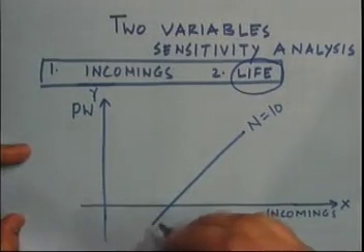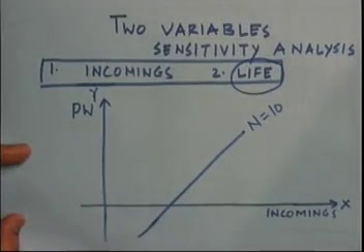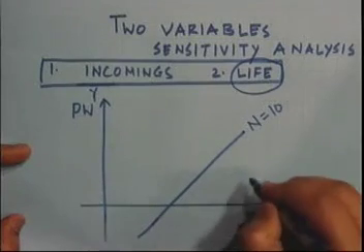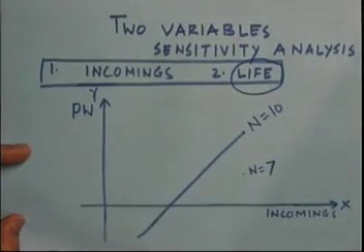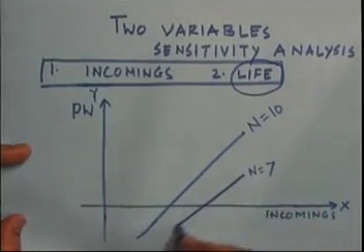I may get a line like this. Now, I again change the value of n from maybe n is equal to 10 to n is equal to 8 or n is equal to 7. So, let us put n is equal to 7 and again go on changing the value of incomings. I may get a curve like this or a line like this.